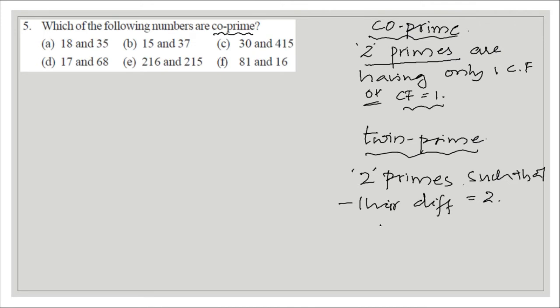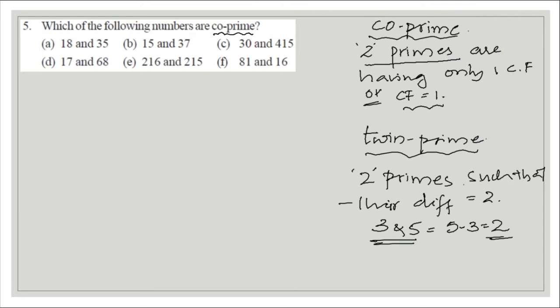Say for example, 3 and 5, they are twin primes, because 5 minus 3 is 2. Not only are 3 and 5 twin primes, they are also coprime, because the highest common factor of 3 and 5 is only 1. So you must have understood now the meaning of coprime and twin prime.